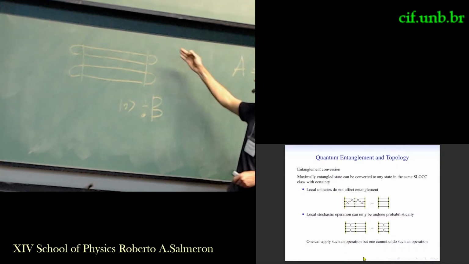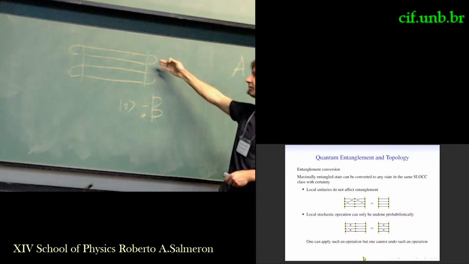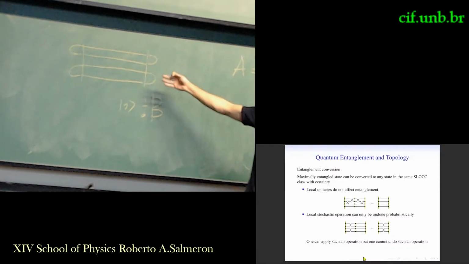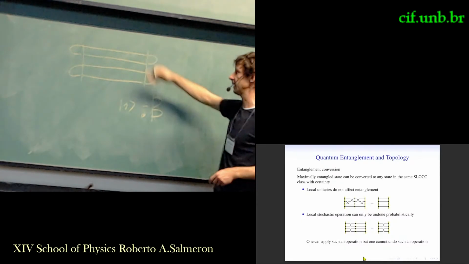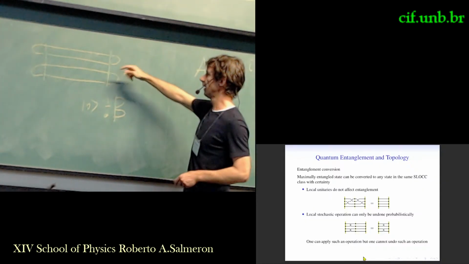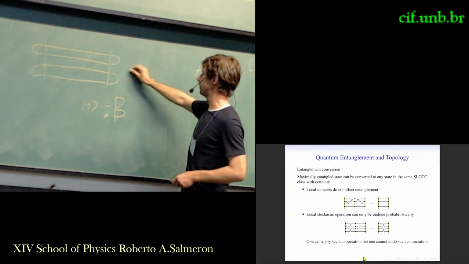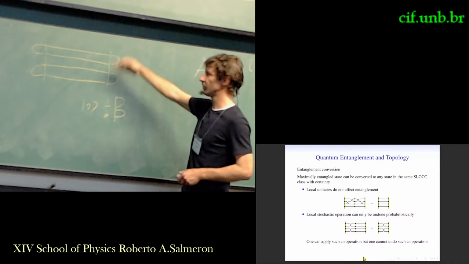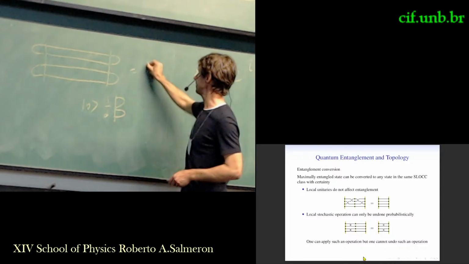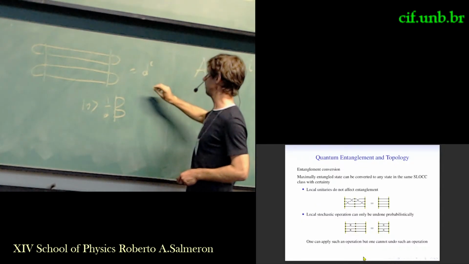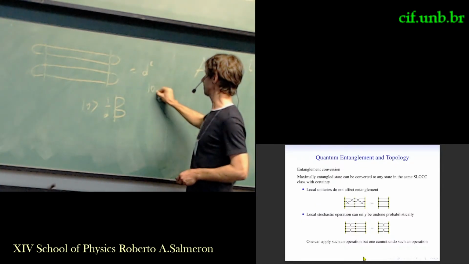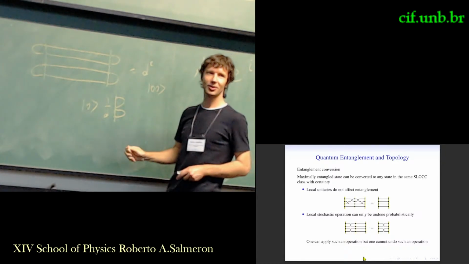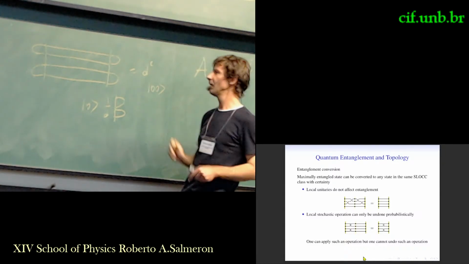I want to associate a Jones polynomial to that, so I just need to use the rules that I introduced before. This is the Jones polynomial of two closed circles, which is d squared. This d squared is basically the coefficient of the state 0, 0. Then you need to compute 0, 1 and 1, 0.